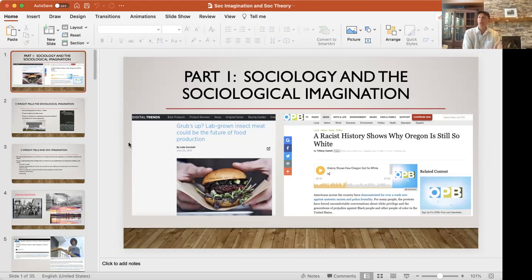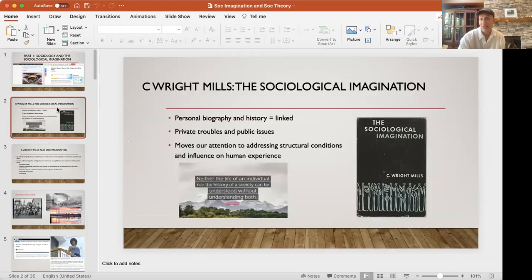There's a reason Oregon is white. There are a few main reasons, but you have to go back into history to understand the present. And that's a little bit about the sociological imagination, it takes you there as well.